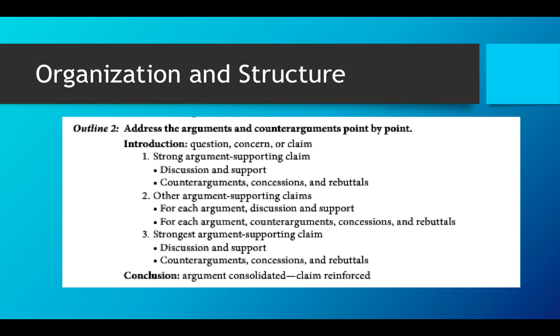Again, this is absolutely acceptable. It works. For me, though, it seems to be mentioning way too much what the opposition thinks. We don't want to give our reader any cause to agree with someone else. So, but if this works for your writing style and your purposes, that's fine too. So you want to use one of those two things.